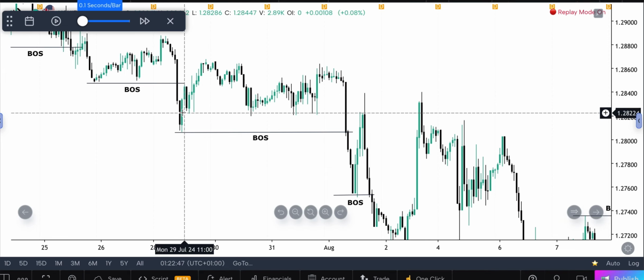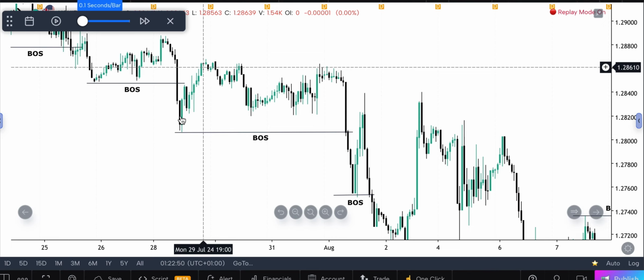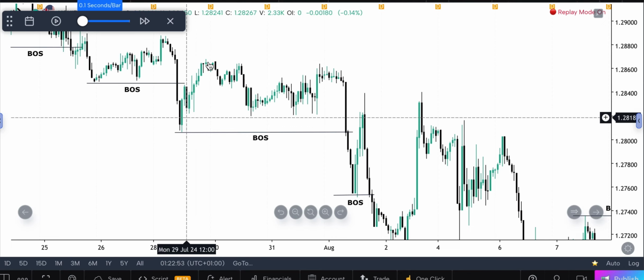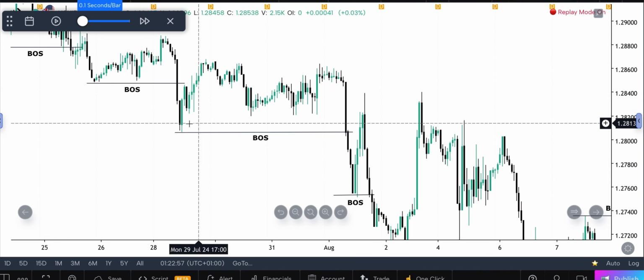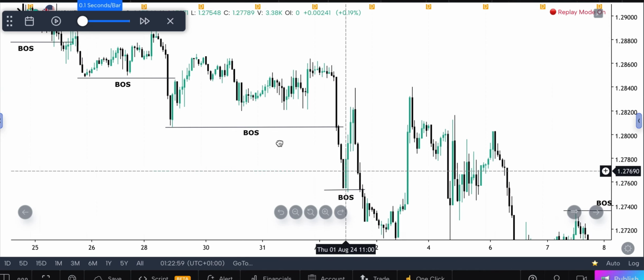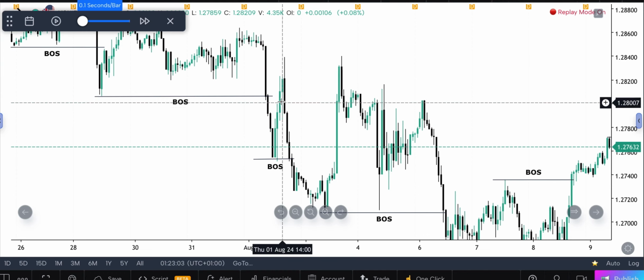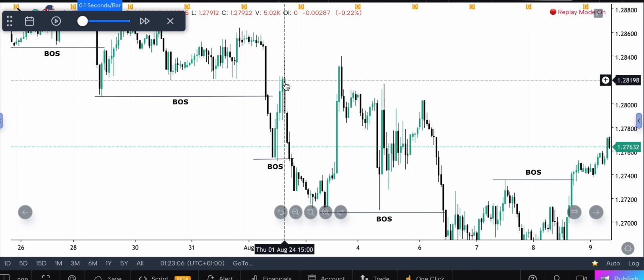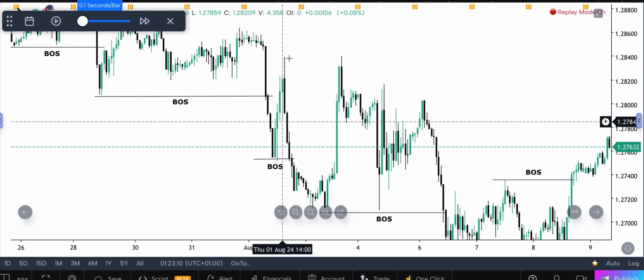One, two, three. You can see that the candle here is more than three. So this is a valid pullback, and so we mark that out. And this pullback again, one, two, three, and it's even four candle closures. So this is a valid pullback.